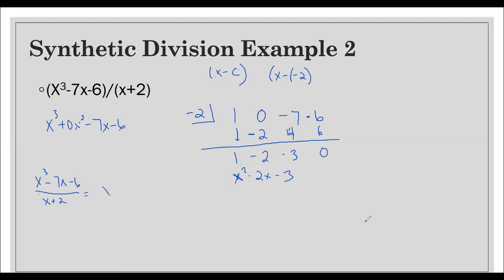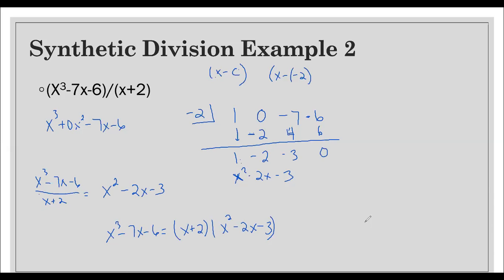So this is x squared minus 2x minus 3. And we can also write this as x cubed minus 7x minus 6 is equal to x plus 2 times x squared minus 2x minus 3. Okay?